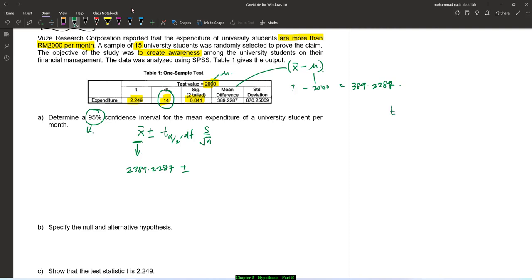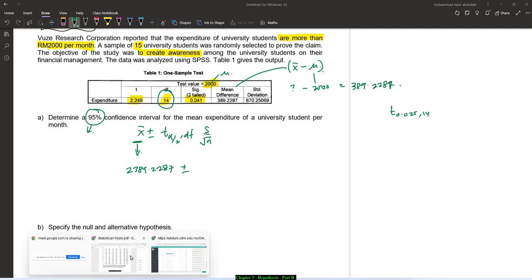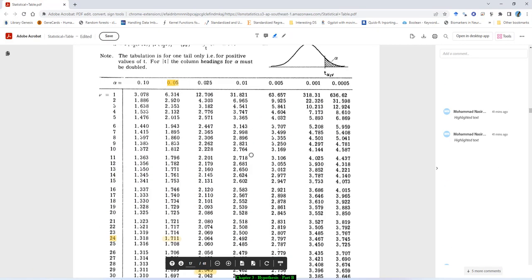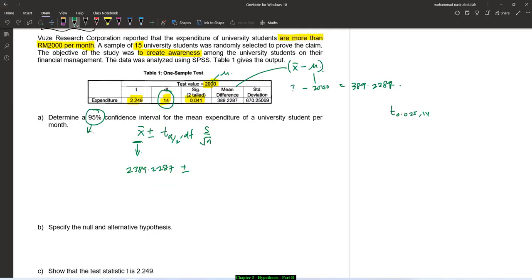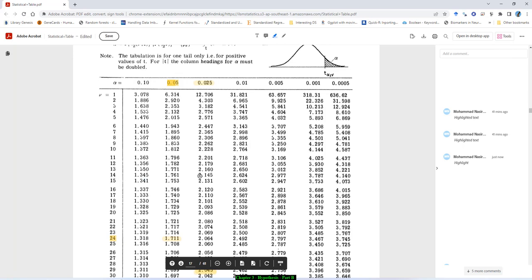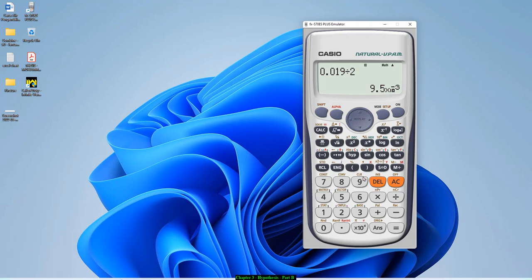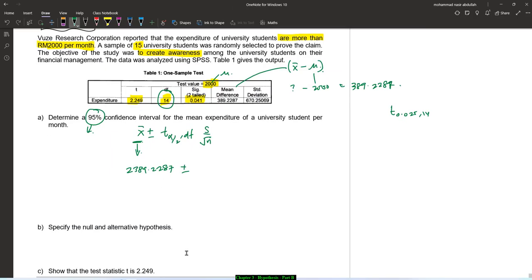So t alpha divided by 2, 0.05 divided by 2 is 0.025. Degree of freedom is 14. Looking at statistical table number 7, 0.025 and degree of freedom 14, it should be here: 2.145.